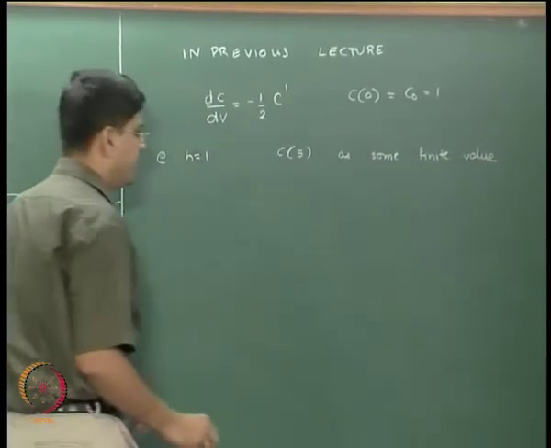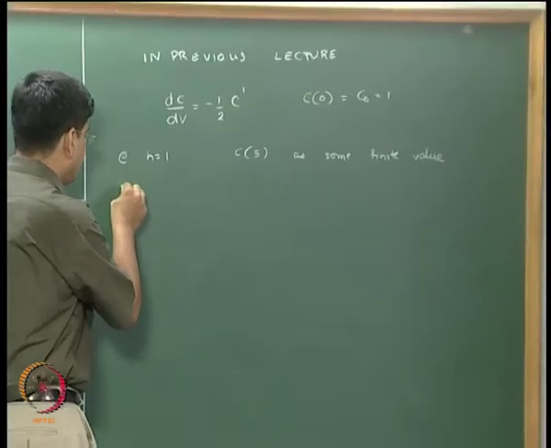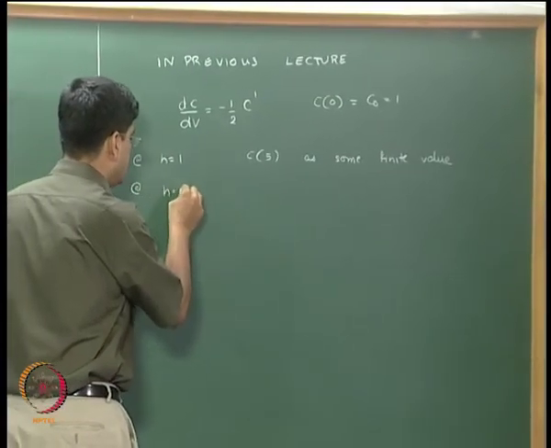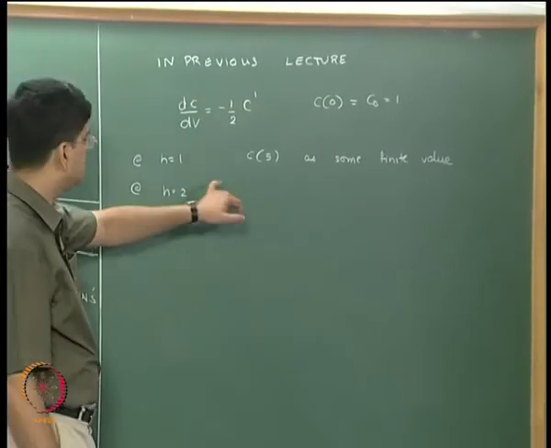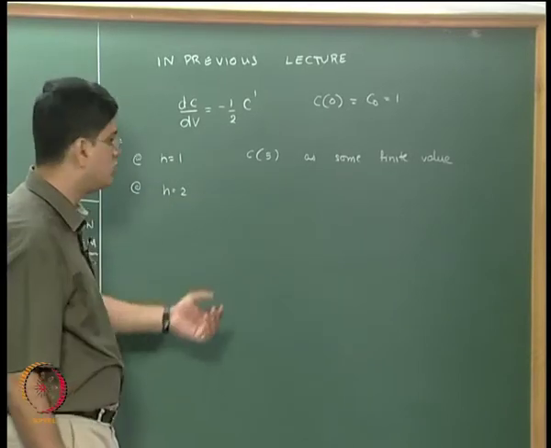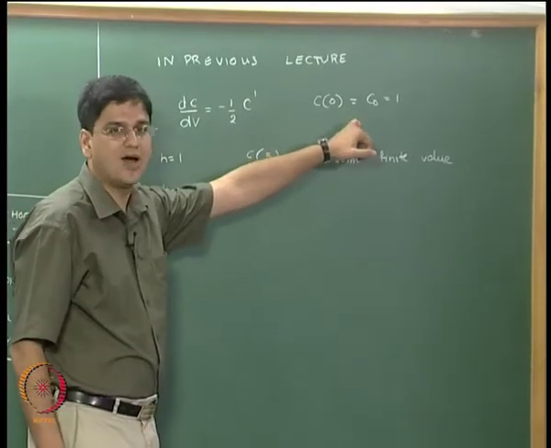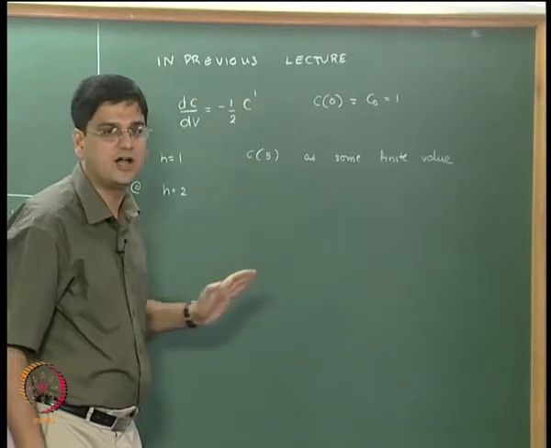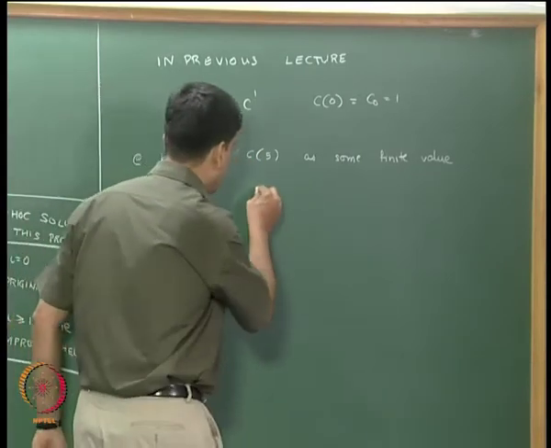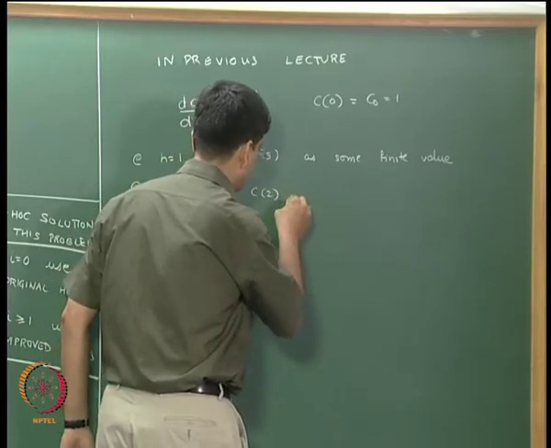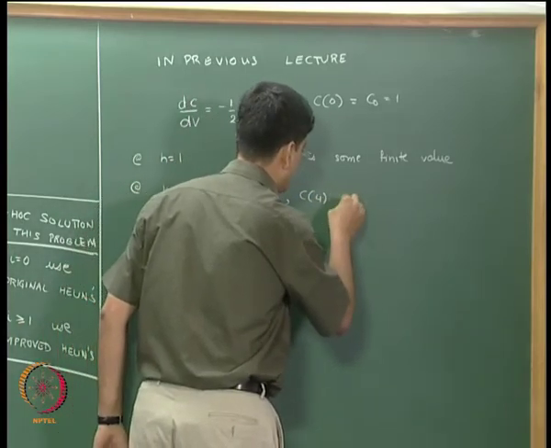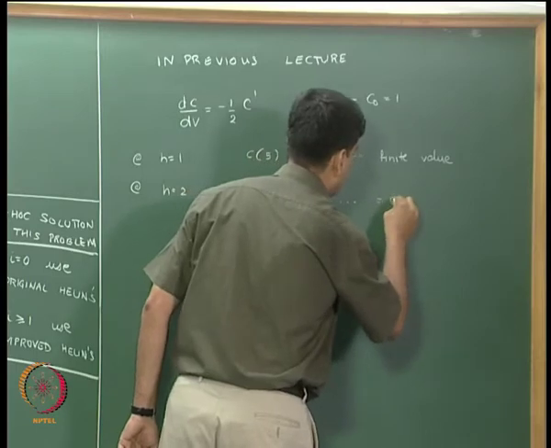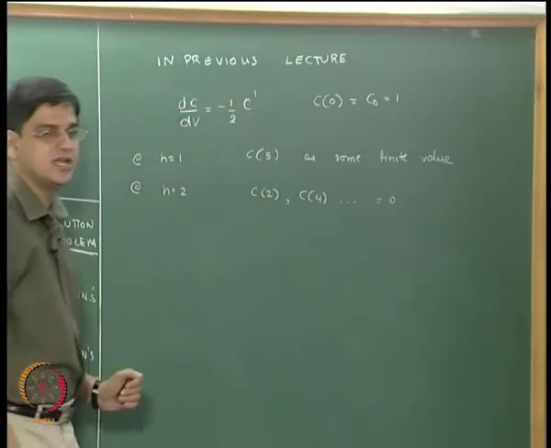Next what we did was we increased h to h equal to 2. When we increased h to 2, C0 was equal to 1, and C1 we immediately saw became equal to 0, and after that it remained at 0. C2, C4 and so on were all equal to 0 for h equal to 2.